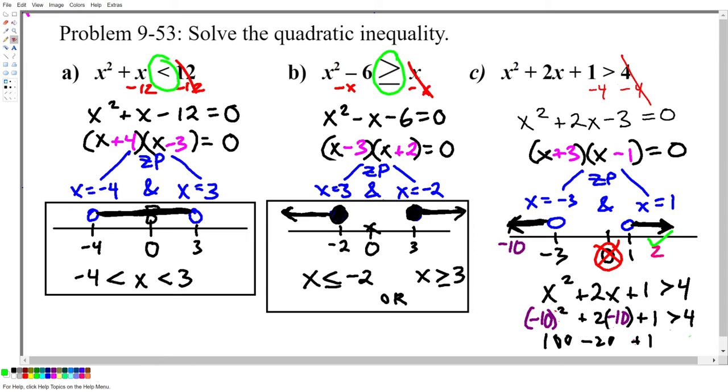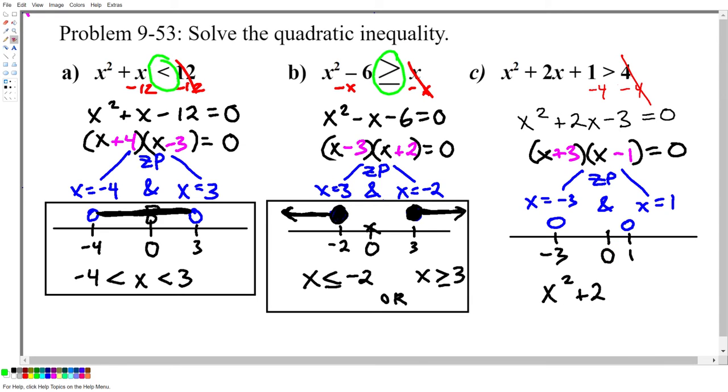So our final answer will be in region A and region C. Reminding ourselves that region B did not work at all.